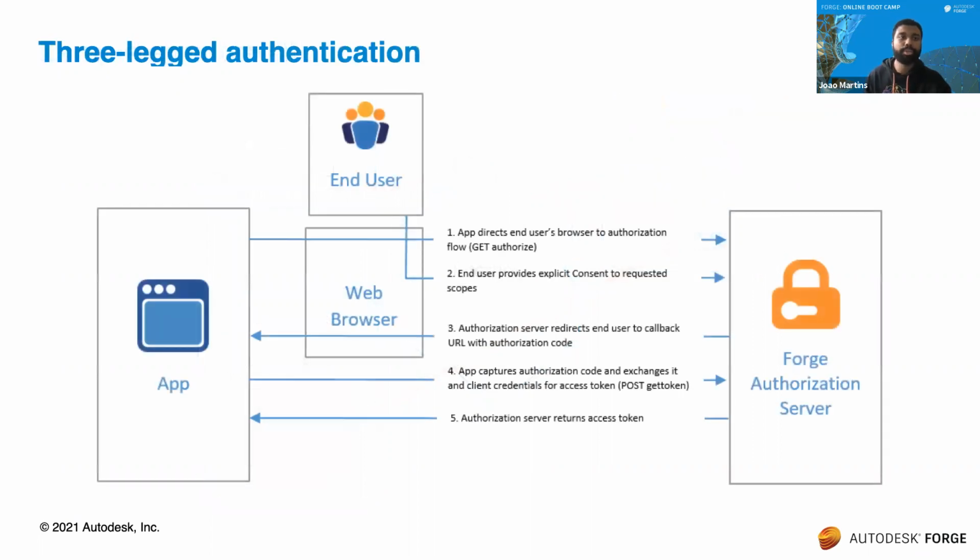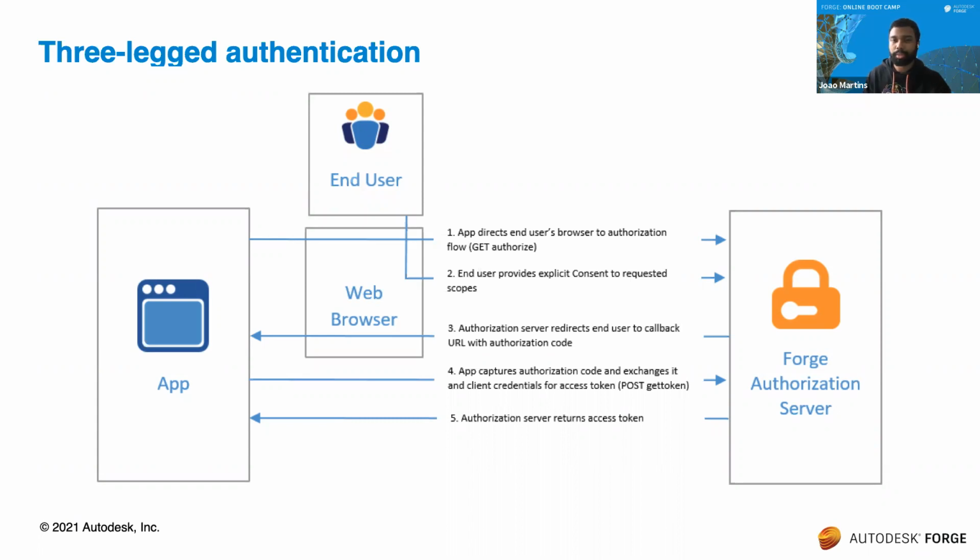And here is the workflow of the authentication method that we are going to use today. How does this work? We have our app, first of all, redirecting the end user to the Autodesk login page. On this redirection, we need to provide two entities: the client ID of our Forge application, and also all of the scopes that are required.